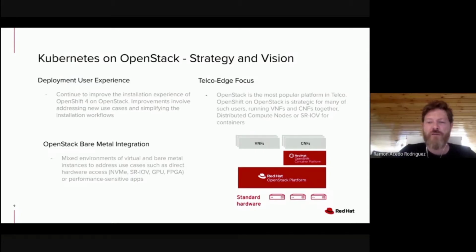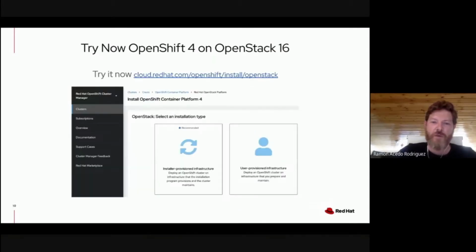Right now, there are many VNFs being run on top of OpenStack, and many people are starting to use CNFs running on OpenShift, which in turn can run on OpenStack. And this stack, with both of them running at the same time and exposing capabilities that are addressed to this type of use case, for example, distributed compute nodes, access to SR-IOV devices from the containers directly, is something that's strategic for these customers and for our vision as well.